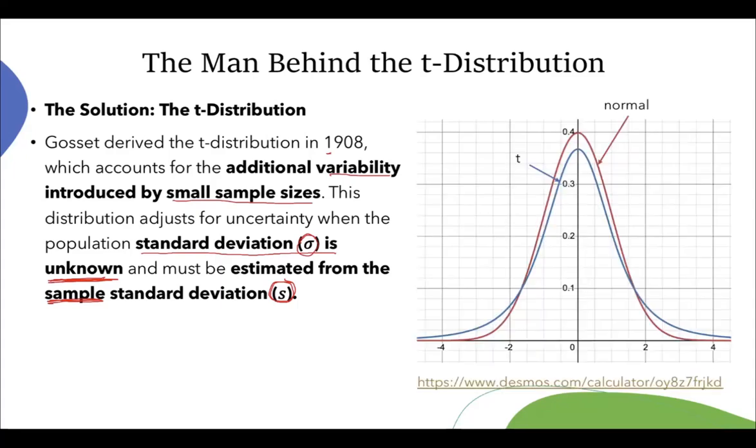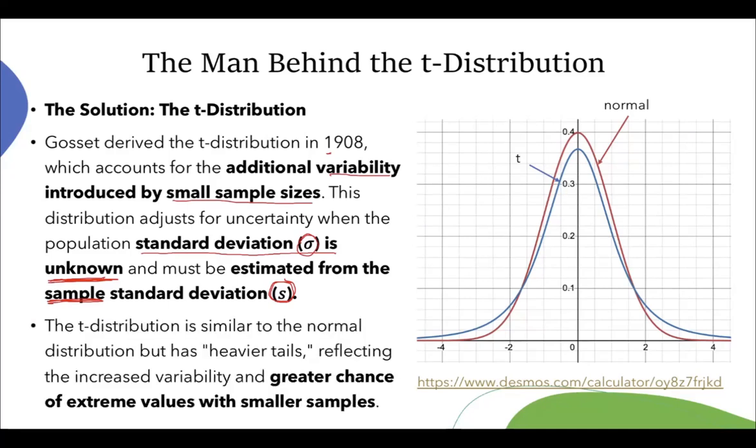When you get down towards the left, you see how the red line, which is the normal distribution line, tends to go to the horizontal axis faster, and the blue line kind of sits above it. So you can think of the t-distribution as having heavier tails. The tail on the left and the right, you can see that the t-distribution is a little bit higher in both those areas.